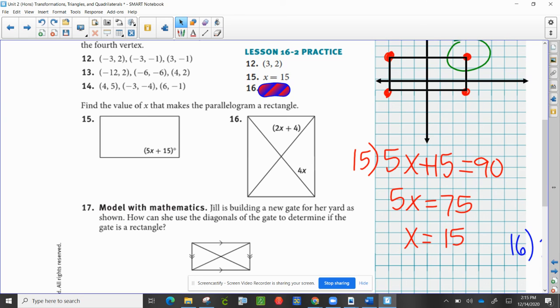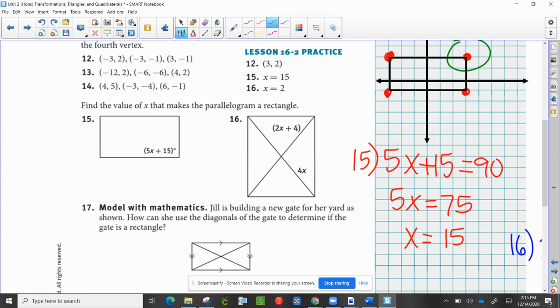Okay. All right, last problem, number 16. What they're giving you there is some lengths of the diagonals. So use what you know about the diagonals in a rectangle and solve for x for number 16. Okay, if you did it correctly, you should have got x is 2. So remember, in a rectangle, the diagonals are congruent and they also bisect each other.